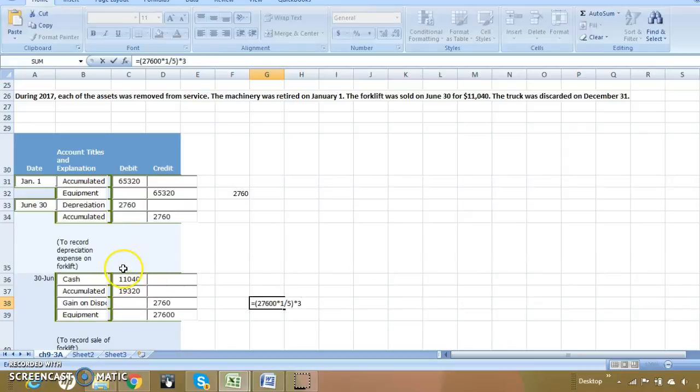We already calculated the last 6 months, which is 2,760, so 3 years plus 2,760 gives us 19,320 total accumulated depreciation.